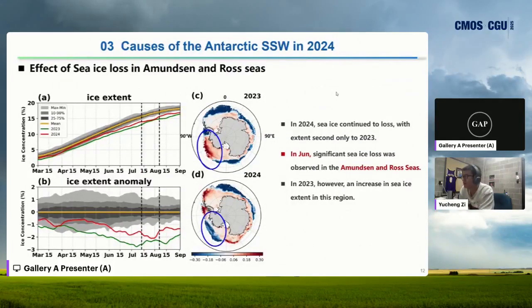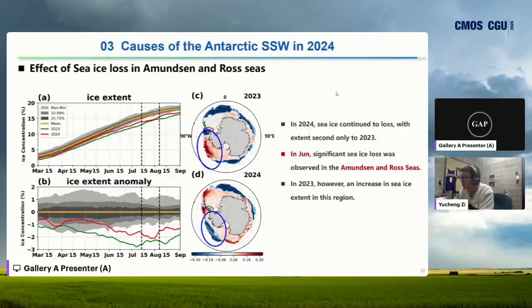Okay. So second is the effect of CIS loss in the Amundsen and Ross Seas in Antarctica. Panel A is the time series of sea ice extent, and the yellow line is the climatic mean. The green line is 2023. The red line is 2024.